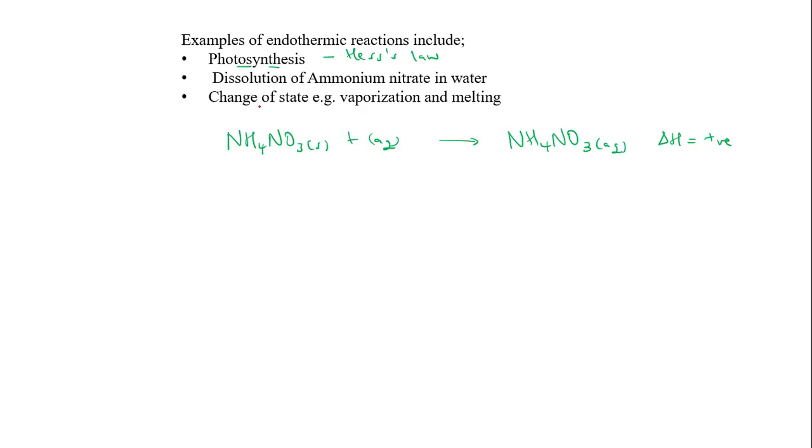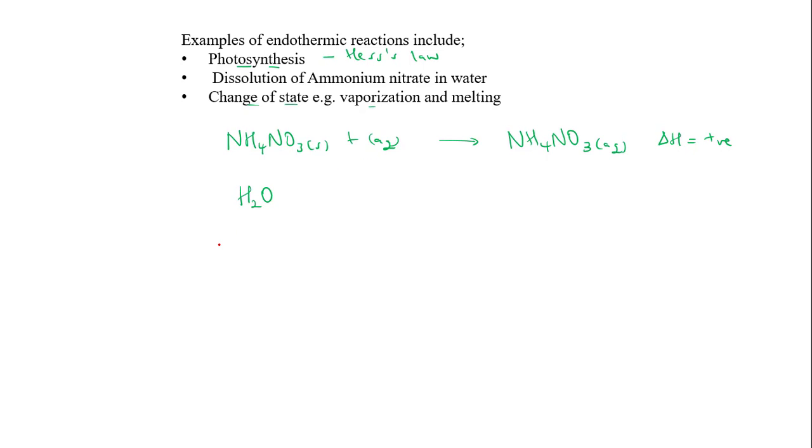The same applies to change of state, although someone might assume that these are basically physical changes, but it's true. You can have a change of state such as vaporization and melting.